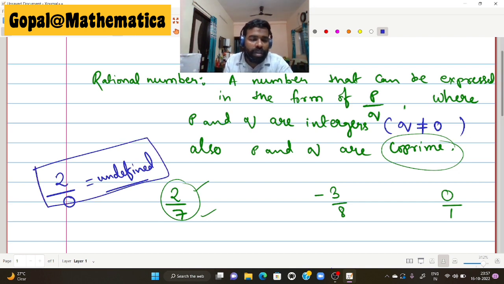We don't know what this value is, but if the numerator is 0 and the denominator is anything else, then this is actually 0, and 0 is a rational number. Okay, so we need to take care of these terms. One is p and q are integers, then q should not be 0, and also p and q are what? Co-prime. Got it?